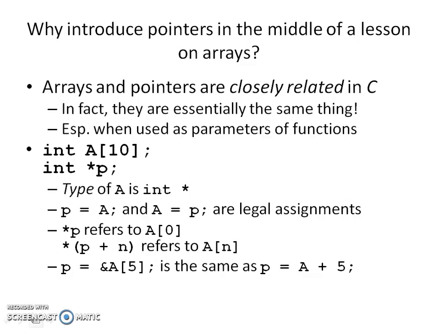So here an example is given. We are using an array A of type integer and size 10, and we are getting the address of A in P, that is P equal to A. We are assigning the first location of array A to P, and you can assign the values stored starting from the location P to A also.